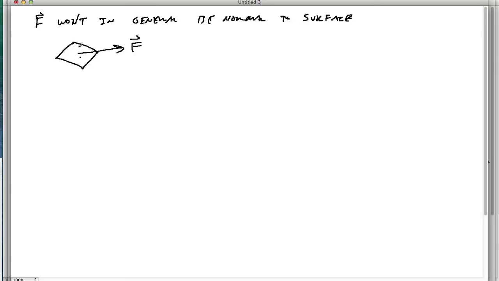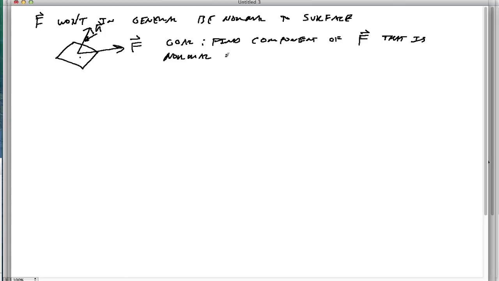So what we have to do here is, if this is our little patch of surface, we can actually define the normal for that surface. And the goal then here is to find the component of F that is normal to the surface.